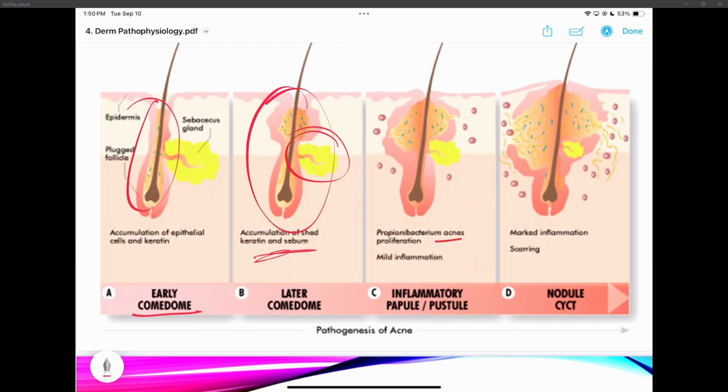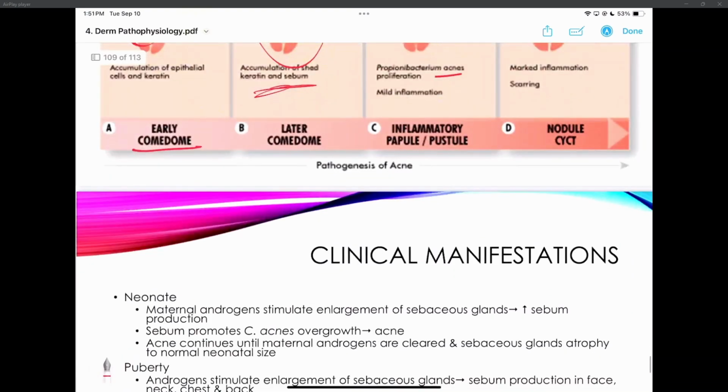You get overgrowth of the bacteria, weakened walls, it starts to swell up, and then eventually the walls are so thin they break, spreading inflammation to the next surrounding area of the skin. So that's how acne forms and how it can spread to different areas as well.